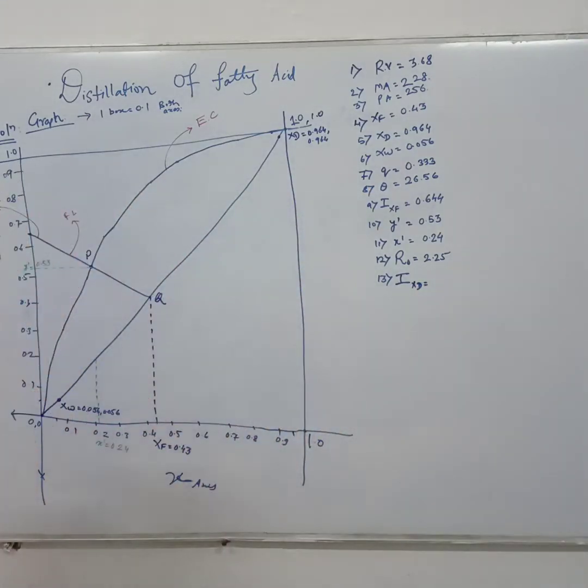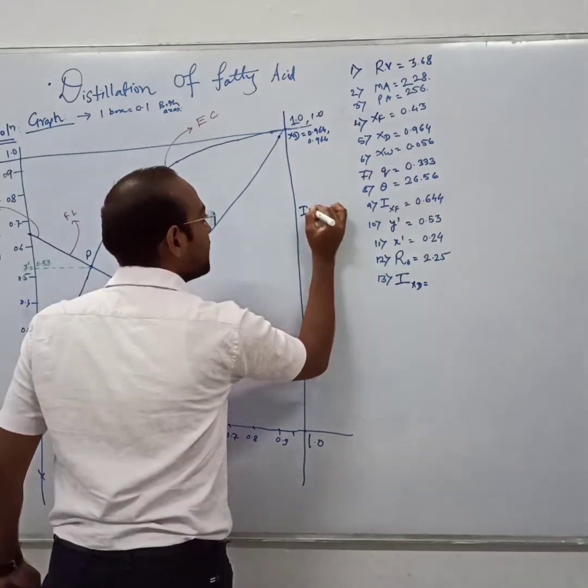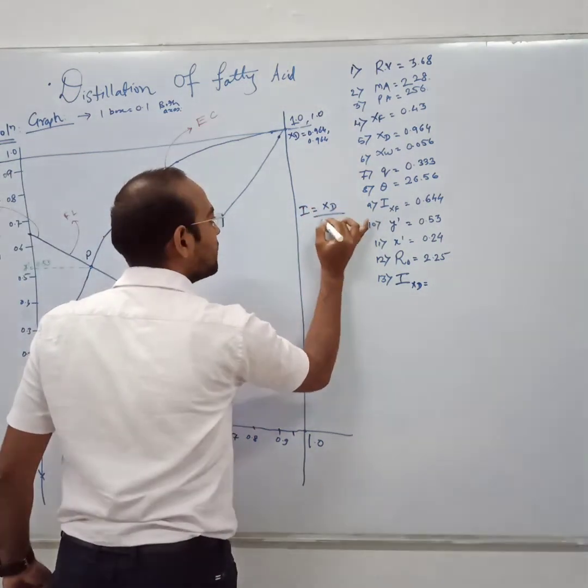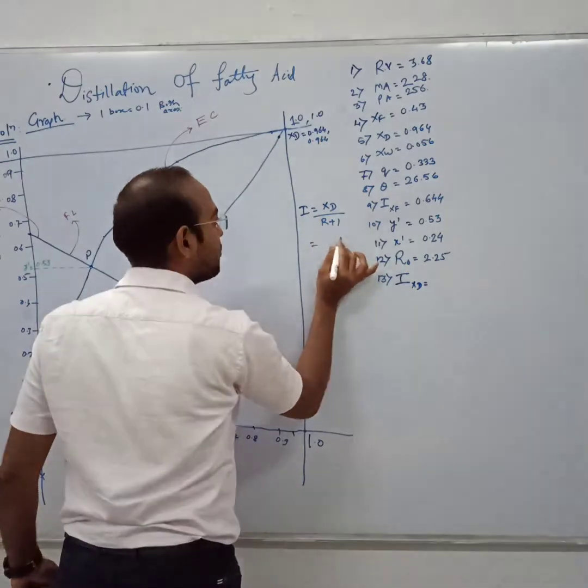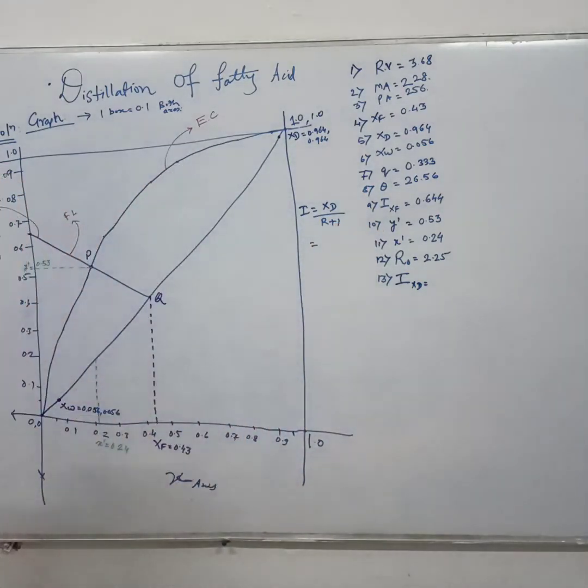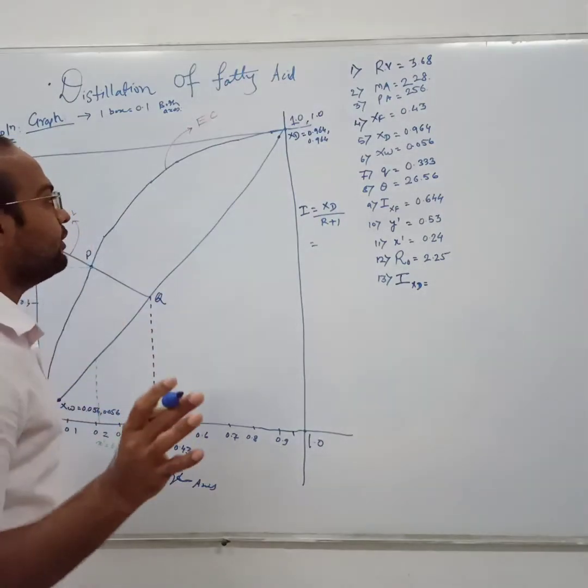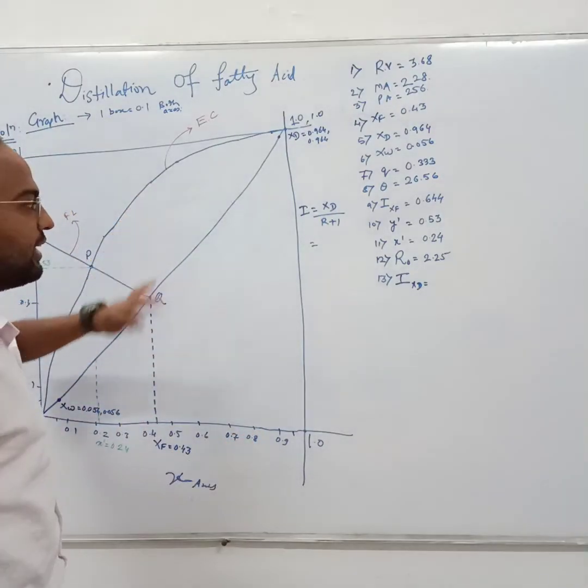Okay, now how can we calculate it? It is calculated as capital I equals xD upon R plus 1. We can use this formula when you want to find the intercept of your rectification section, and it totally depends on the condition of the feed, and our feed is 2/3 vapor and 1/3 liquid.